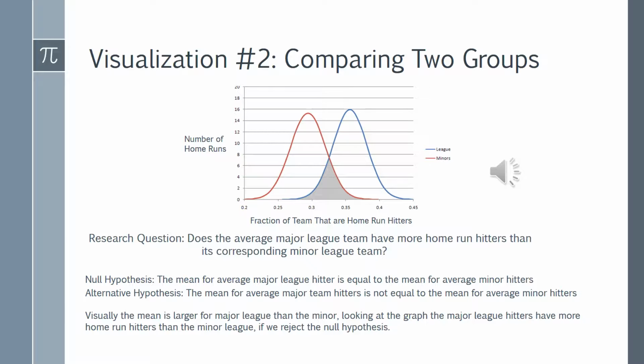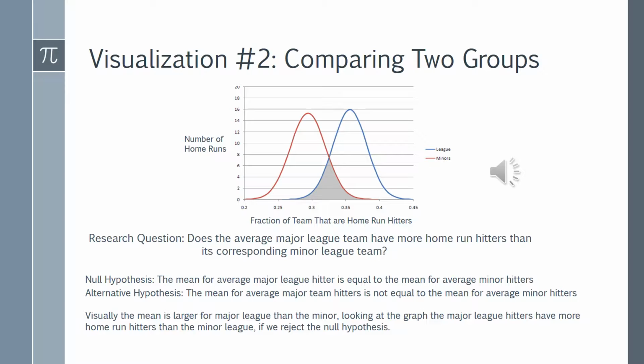After visualizing the graph, we can see that the means are different for each group, the major and the minor leagues. Seeing that the major league's mean is greater, we can say that visually the mean is larger for the major league than the minor league, looking at the graph.